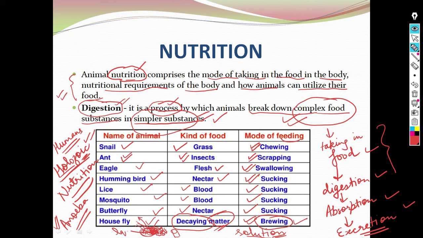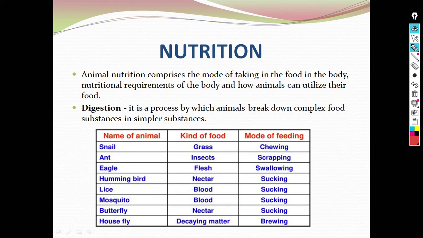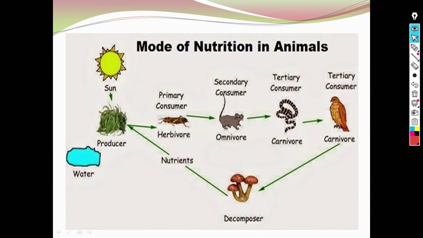Okay. So now next, after nutrition, we are going to see how this mode of nutrition takes place in different animals. Okay, now you know that plants are making their own food with the help of sunlight.